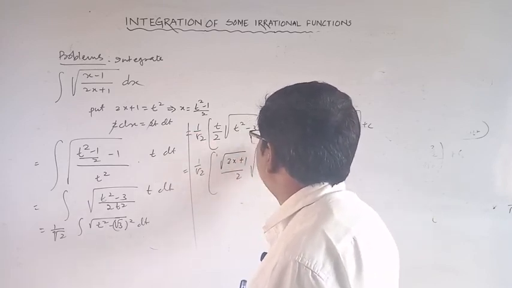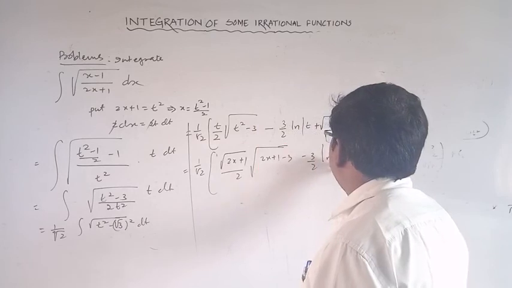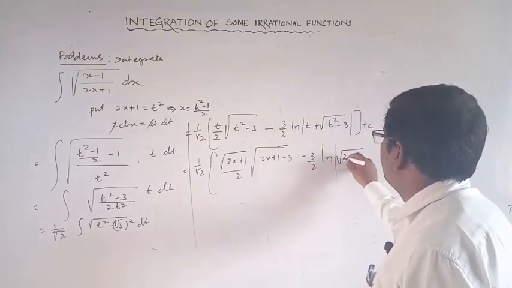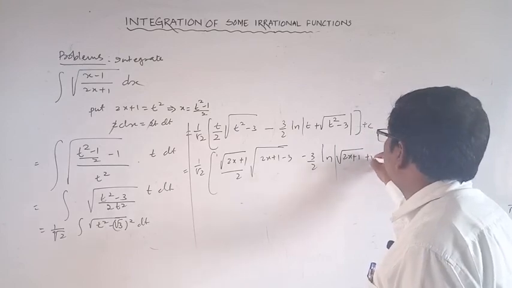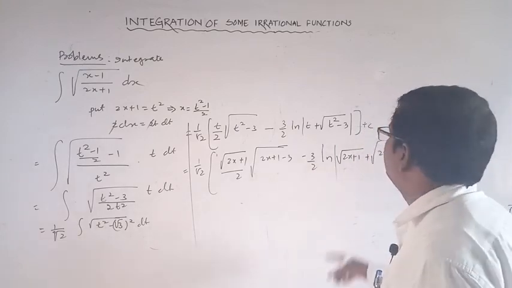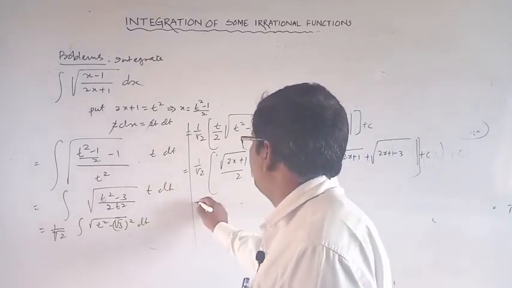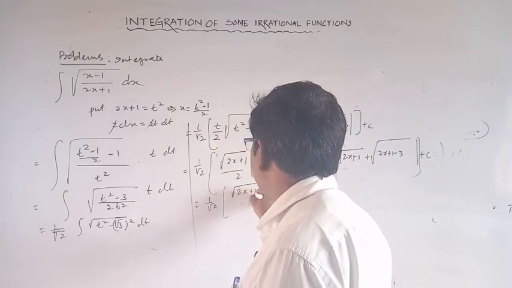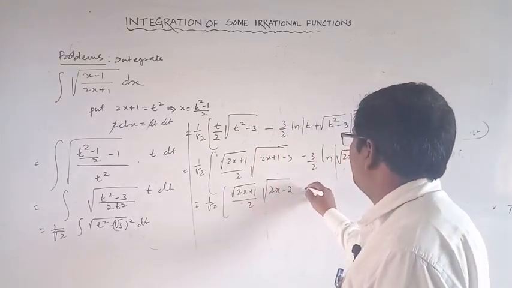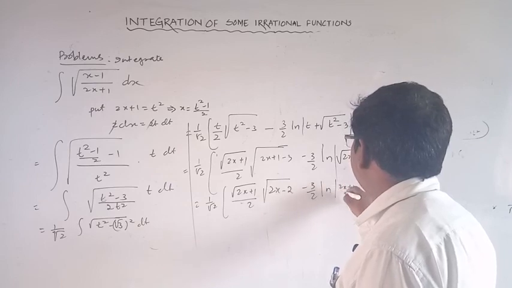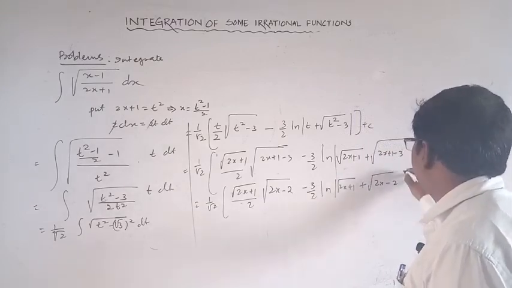So this is 1 by root 2 into (root over 2x plus 1 by 2) into root over, t square means 2x plus 1 minus 3, that is root over 2x minus 2, and 3 by 2 ln of mod of (root over 2x plus 1 plus root over 2x minus 2) plus c. This is the answer.